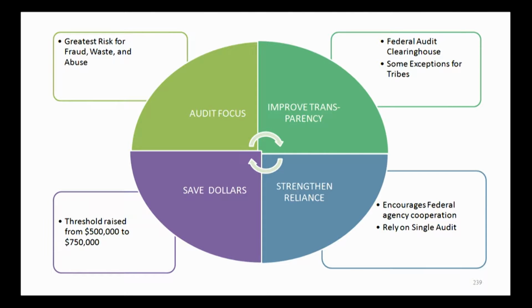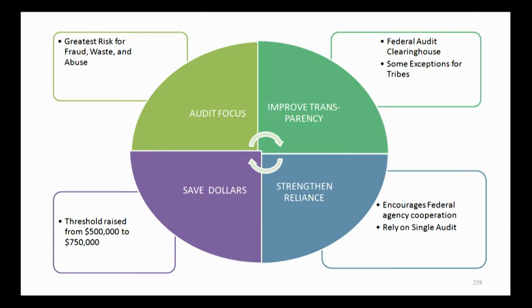Another big change was the threshold, from $500,000 to $750,000. There are requirements and some exceptions that we'll cover regarding tribes submitting their audit to the Federal Audit Clearinghouse. There are some exceptions and also some responsibilities with those exceptions for tribes.